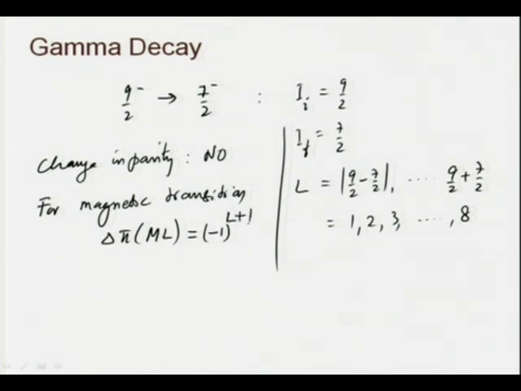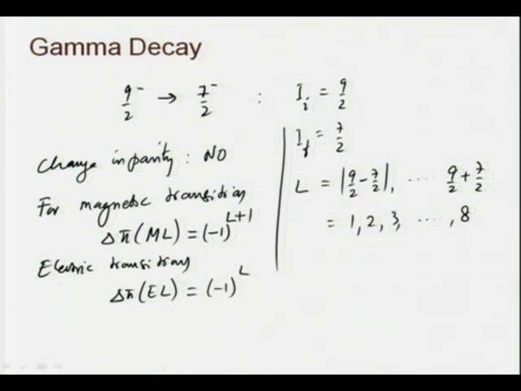This is what I am stating without actually showing any proof for this. We will not give any arguments even to suggest how to get this. I will leave it to you to look at this in your textbook or any other book that deals with gamma rays. And for electric transitions, delta pi, of electric transition of order L, is minus 1 to the power L.